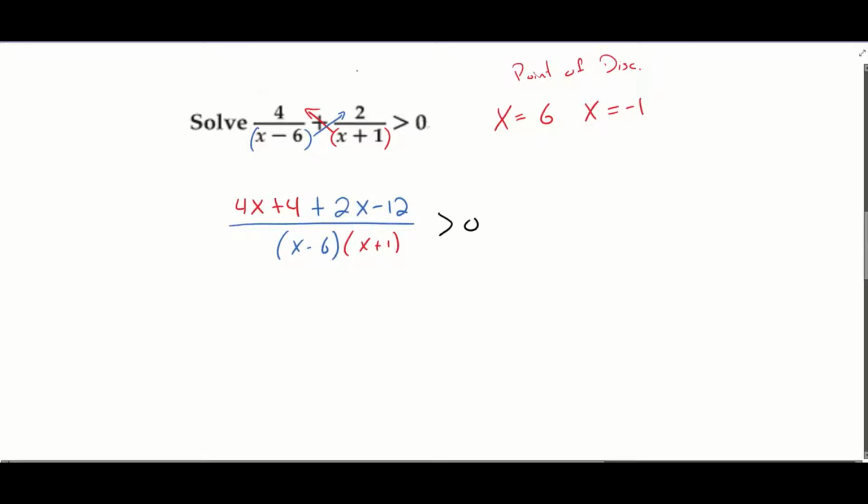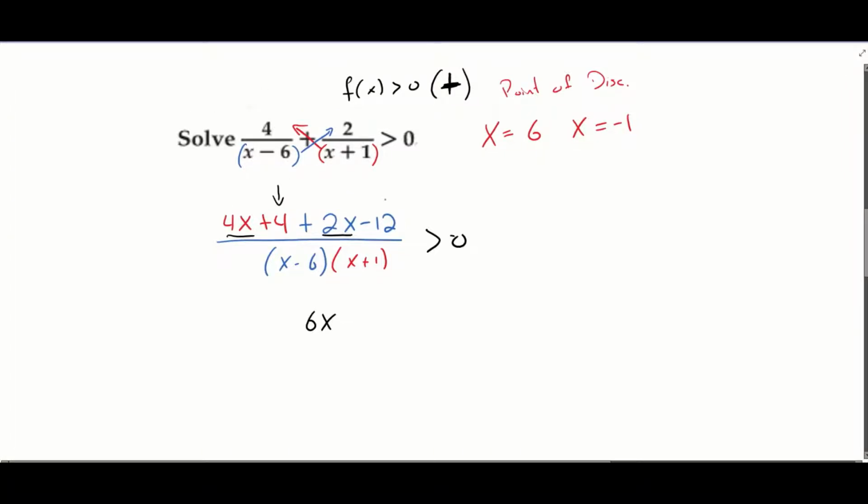So right off the bat, we want the stuff that's greater than 0, which means I'm looking for all the positive intervals, okay? So let's keep going. So on the numerator, we are going to combine like terms. So when we combine like terms, everything that has an x, we're going to put it together. So here we have 4x plus another 2x, which gives us 6x. And then we have this positive 4 minus 12, which gives us negative 8, all over x minus 6, x plus 1.